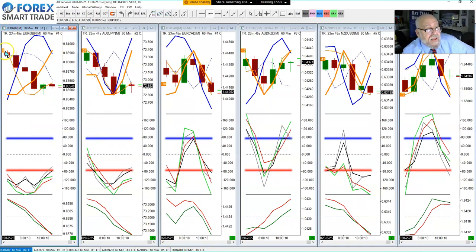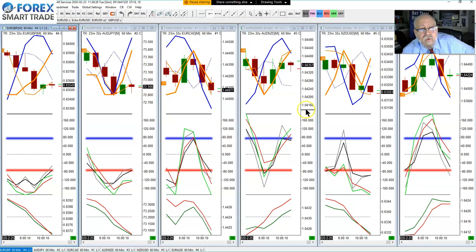Euro pound. I've got a 0, which is part 1 of the signal, but I don't have part 2. Everybody's oversold still. Minus 24 doesn't qualify. Minus 78 doesn't qualify. Minus 10 is close enough.